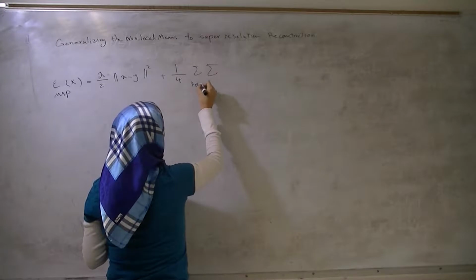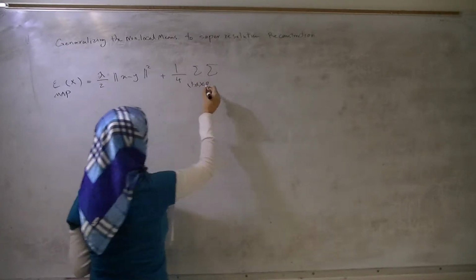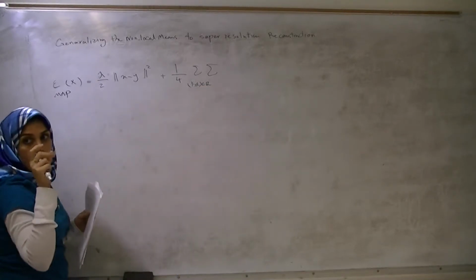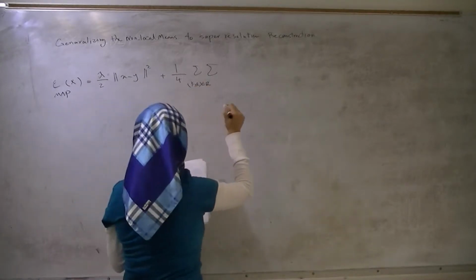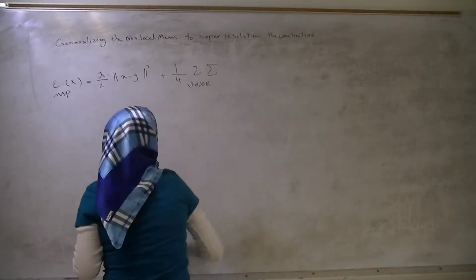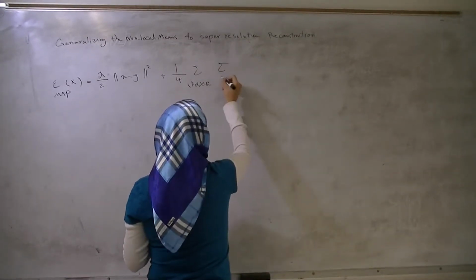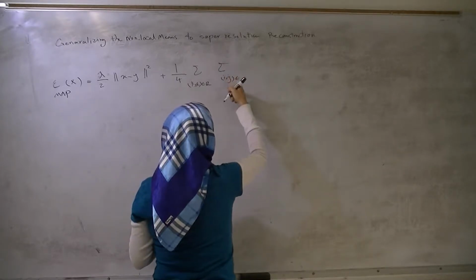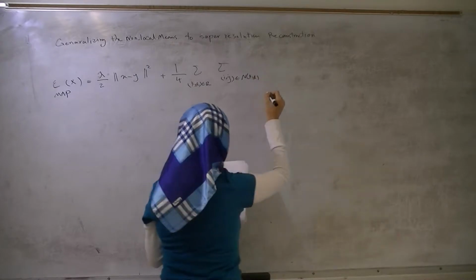For each k, l, omega means all of the pixels in my image, and in the neighborhood of k and l.